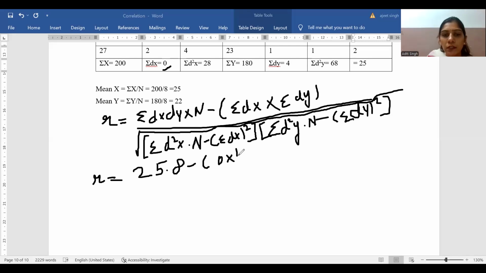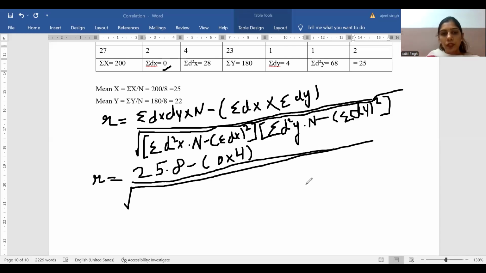Sum of dy is 4. Okay. Divided by, first of all put the under root. Now when we put all the values together, sum of d square x is 28, multiply by 8, minus sum of dx whole square, then the value is 0.